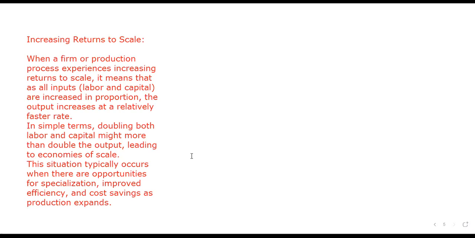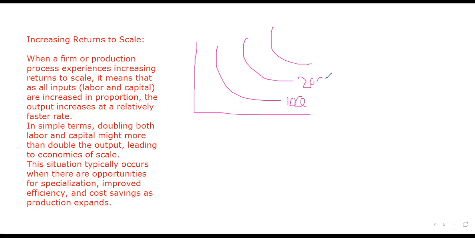So graphically, the curves that join points that offer the same output are called what? Isoquants. So here, if we have 10Q, here we have 20Q, here we have 40Q. It's doubling. So these are called increasing returns to scale.